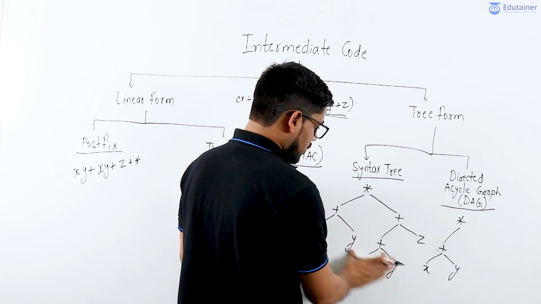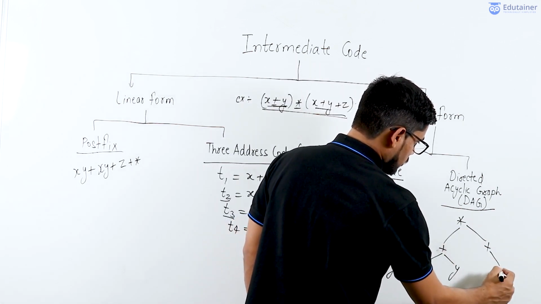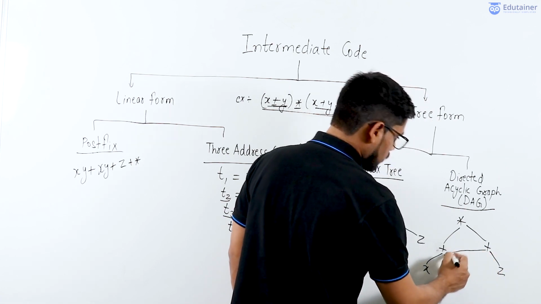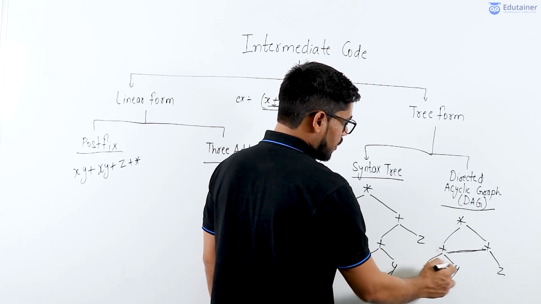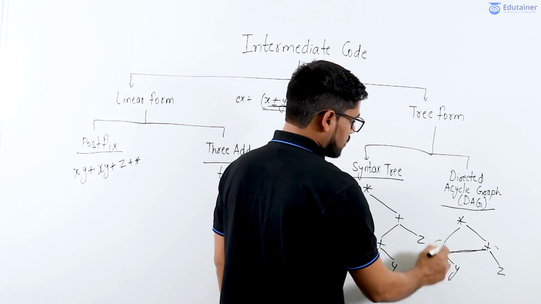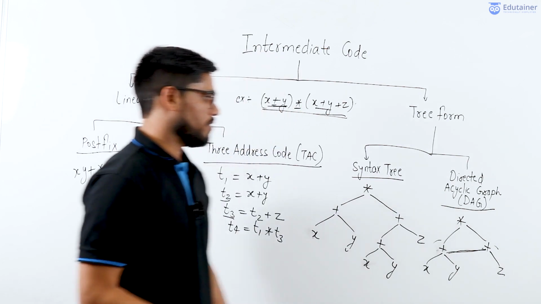Since x and y are common, I can just connect them to z, which will depict the line here. So this means I have to add x plus y plus z here, and x plus y is already represented here, and finally we have to multiply them.